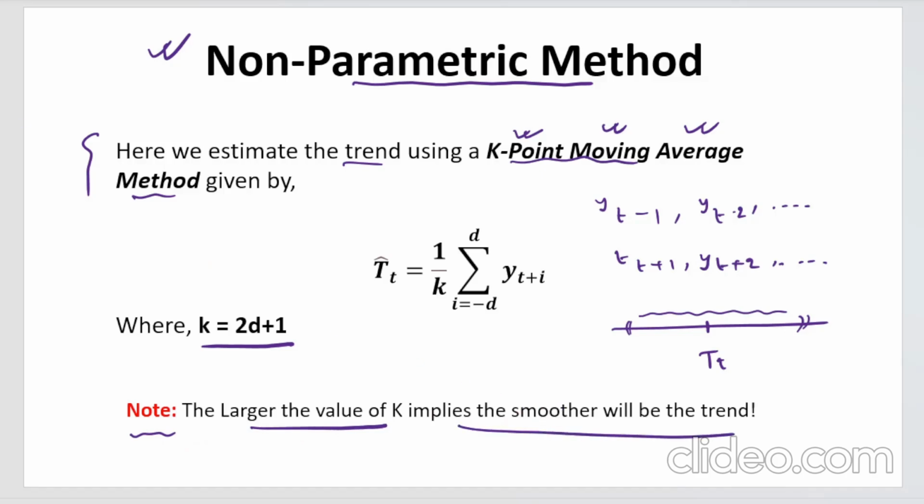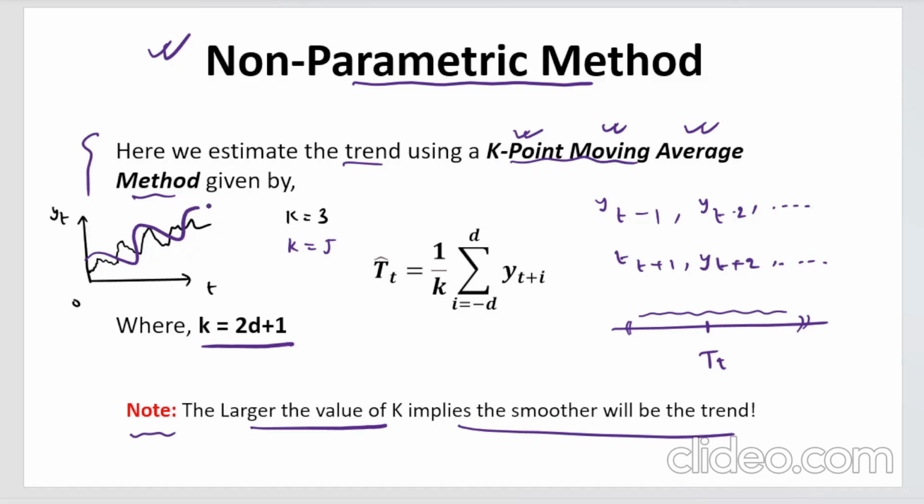trend, right? So for example, suppose, let me draw here t and here you have yt. So if you use, suppose you use 3-point moving average, right? K value is 3, so you will have greater fluctuations. Whereas if you use say 5-point moving average, your trend will be much smoother.